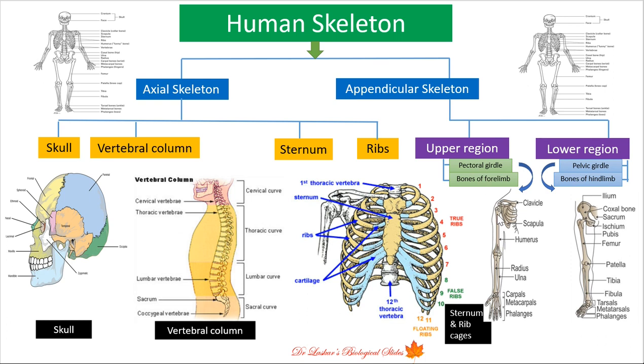The bones of the hand, or in biological term we can call it forelimb, are humerus, radius, ulna, carpals, metacarpals and phalanges.